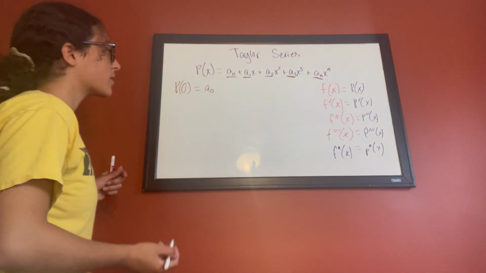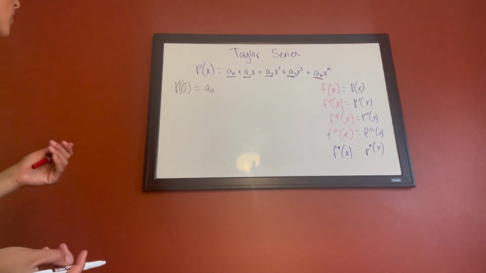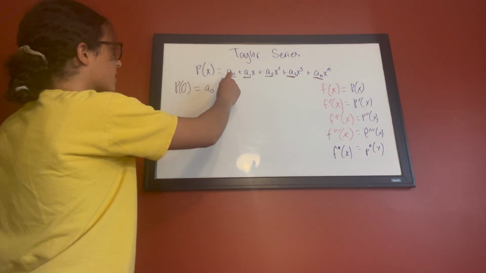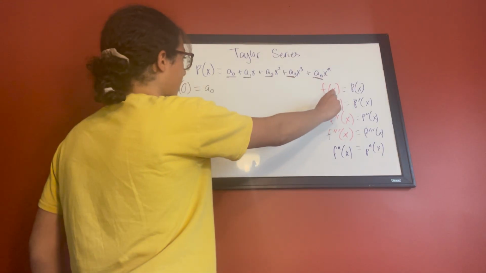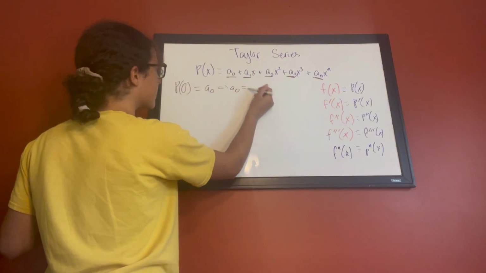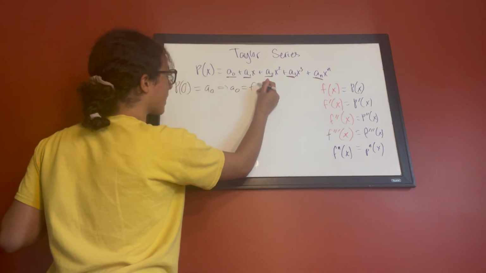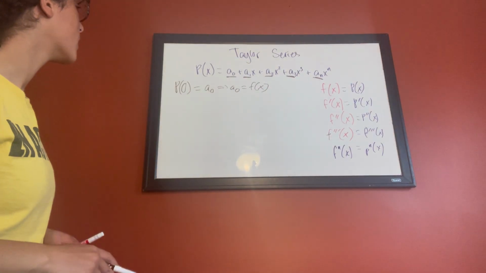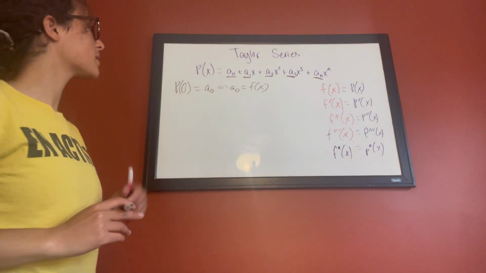Okay, so I guess that's good to know. And I know that p of 0 equals f of x, right? So I know that a0 is just f of x. That is the first term in my series.